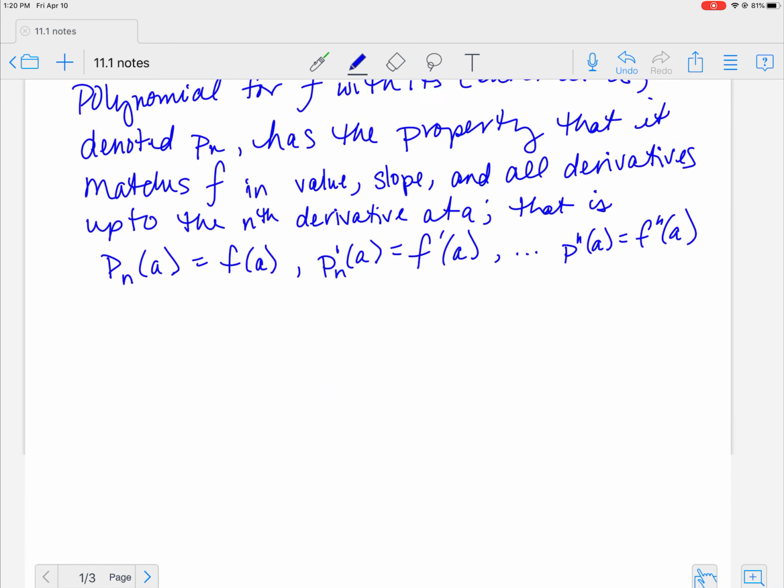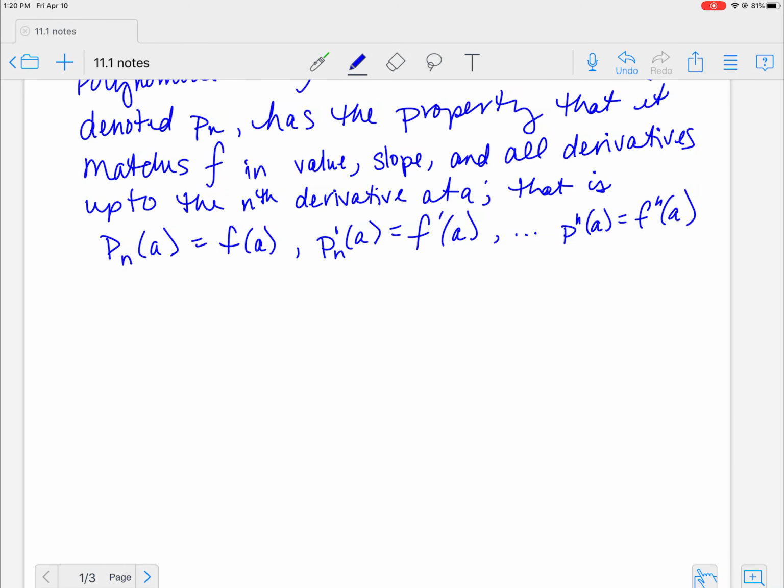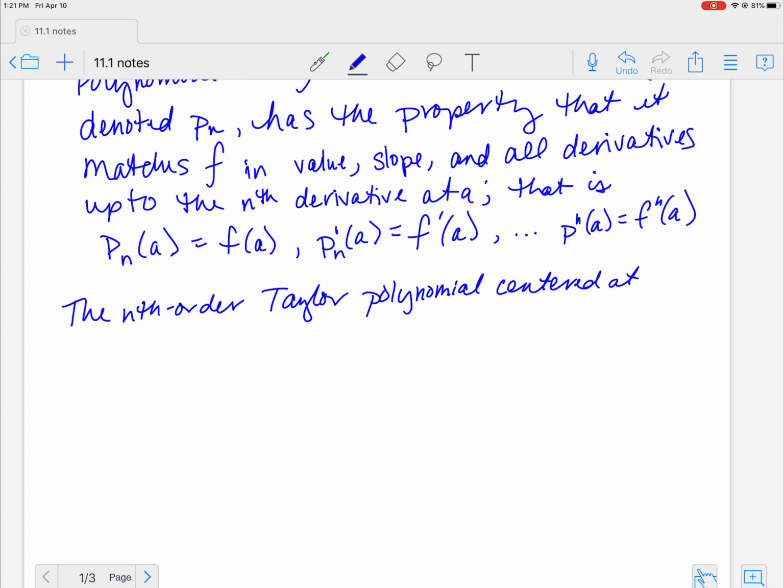I'm scooted up again. This is a long one, I told you. The nth order Taylor polynomial centered at a is this.